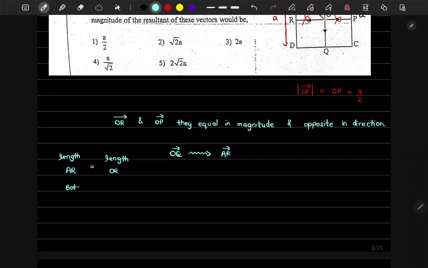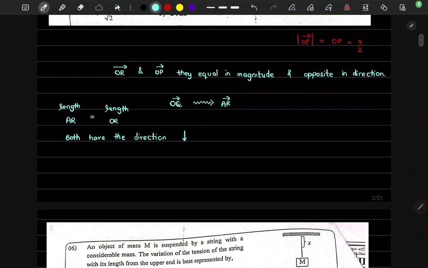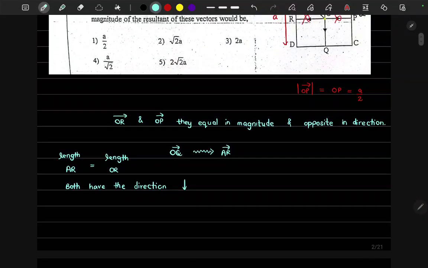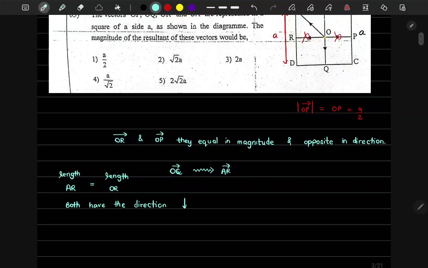Both have the direction downwards. Since both the vectors are in the same direction, we can replace OQ by AR.